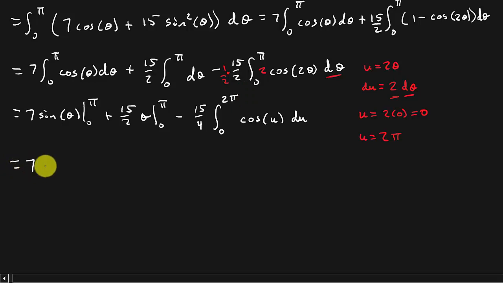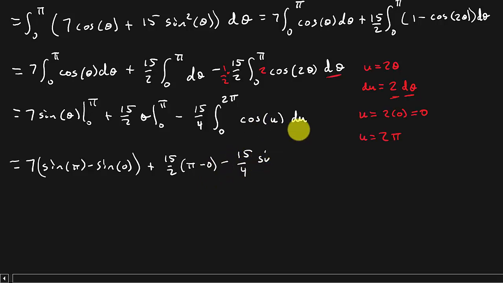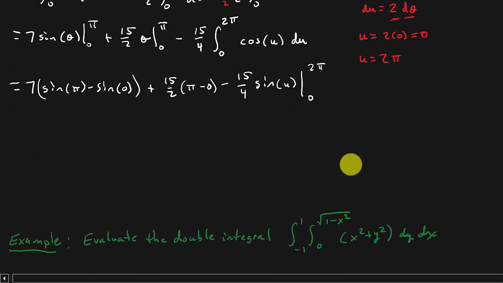And so this is 7 times sine pi minus sine 0. Okay, I'm going to go ahead and work these. Plus 15/2 times pi minus 0 minus 15/4. And the antiderivative of this is sine u from 0 to 2 pi. And so notice this, sine of pi is 0, sine of 0 is 0. So all of this right here goes to 0.